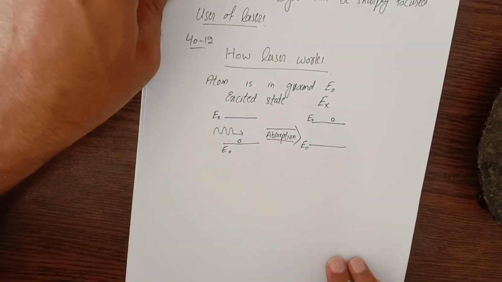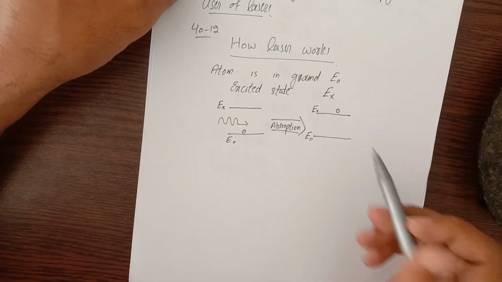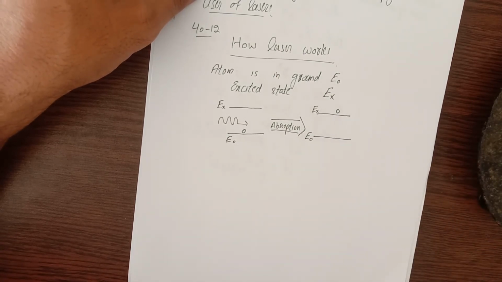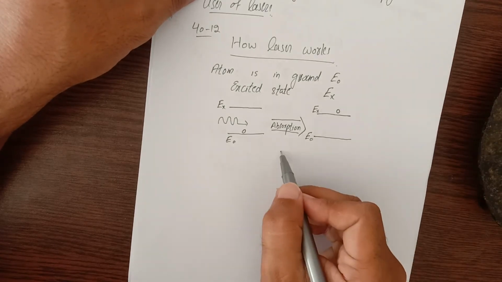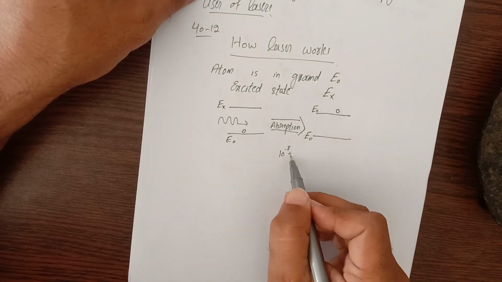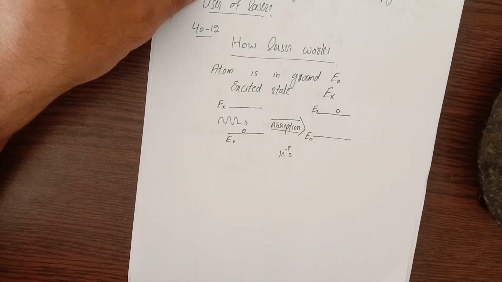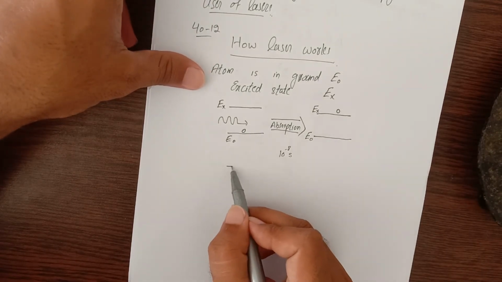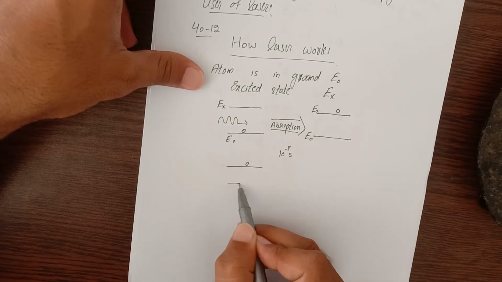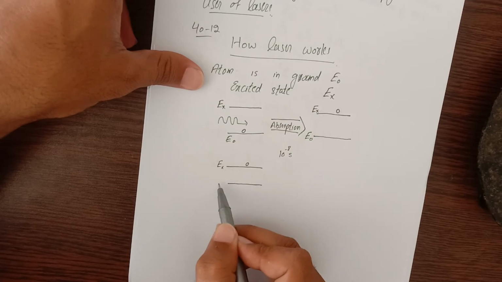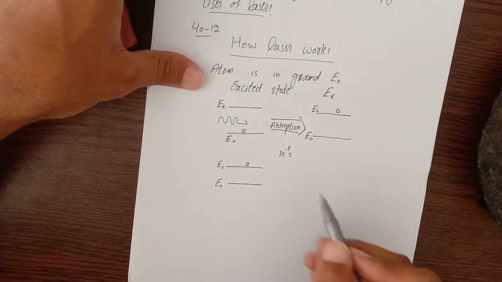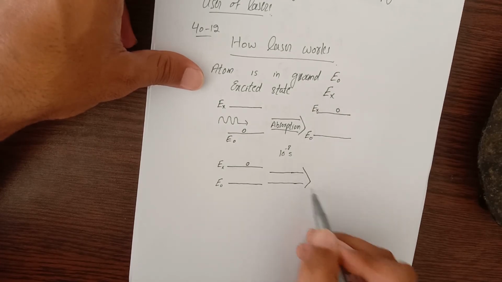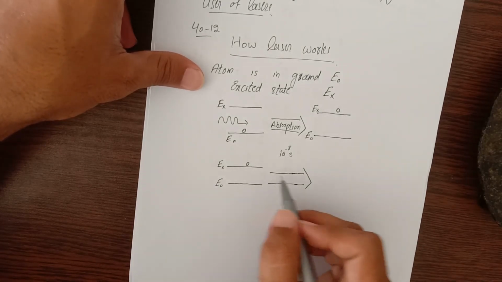Now, in normal terms, this electron wants to stay in its ground state, and it lives in this excited state for about 10 raised to power minus 8 seconds, and then it comes back to its ground state.